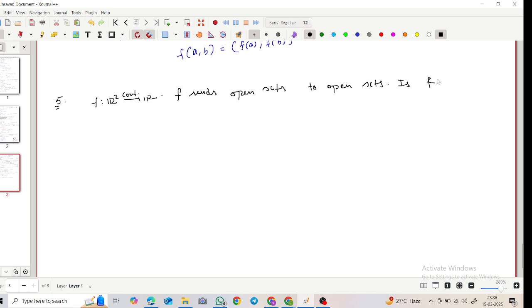Is f necessarily continuous? Is f necessarily injective?